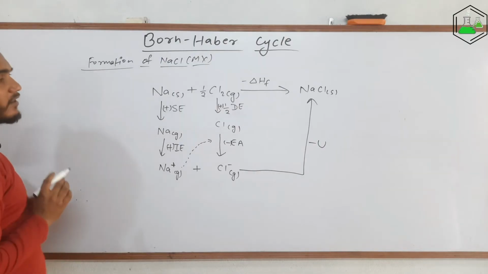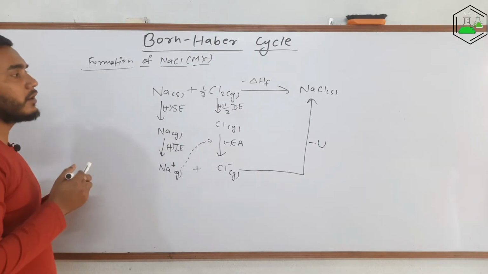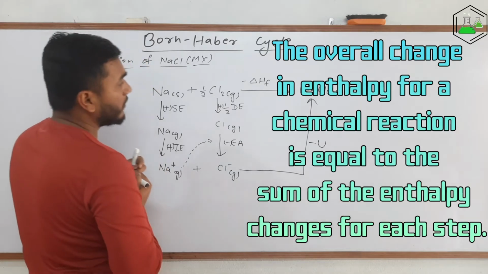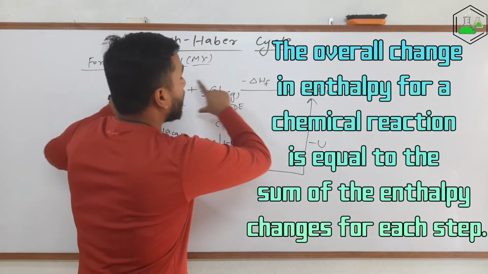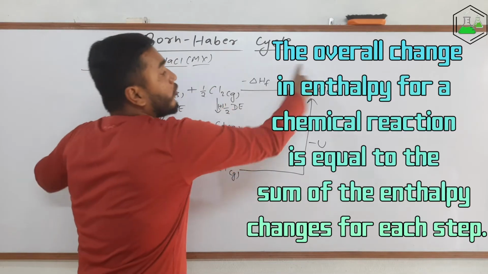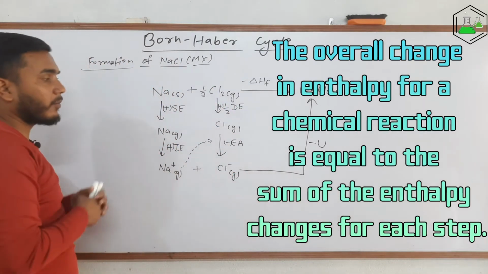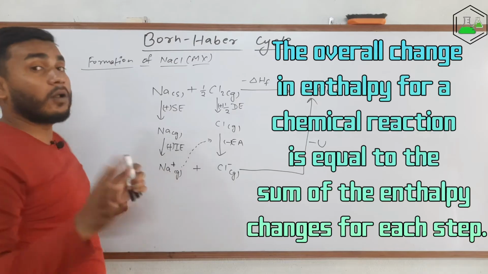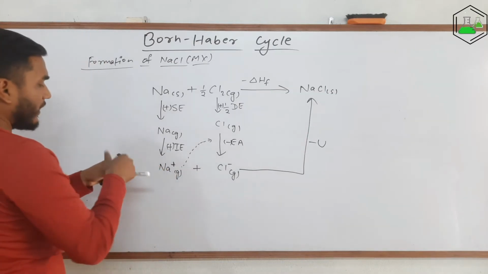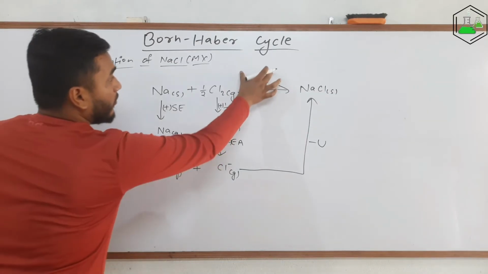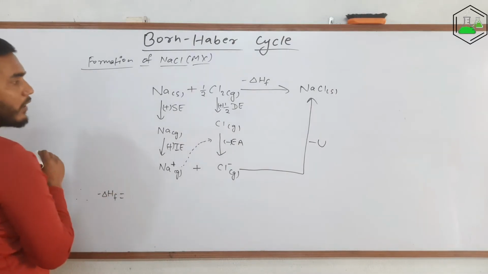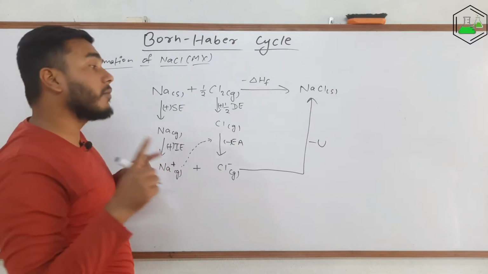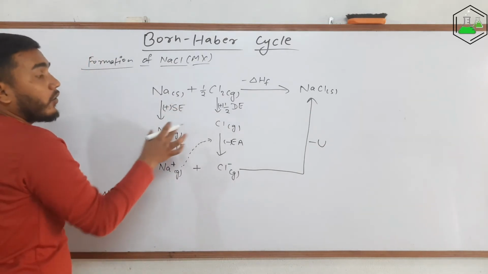Therefore the final expression will be, according to Hess's law of constant heat summation, the total heat energy required for the conversion of reactant into product will be equal to the algebraic sum of all the energy terms in all the steps. So the total energy, minus del HF, will be equal to the algebraic sum of all the energy terms in all the steps.